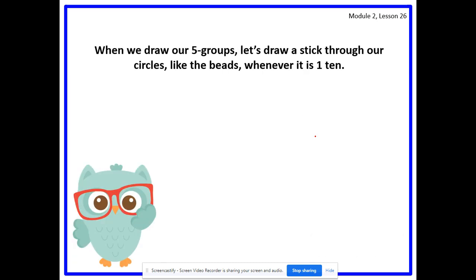Awesome job. So when we draw our 5 groups, we're going to draw a stick through our circles, just like the beads, whenever it is 1 10 only. So let me give you an example. You're still listening because you're going to do this in a bit. Listen. In order to draw, we had 14 beads, right?